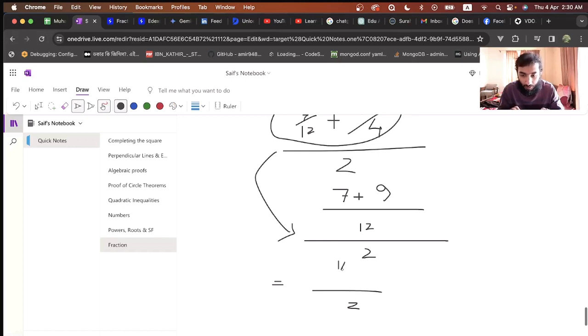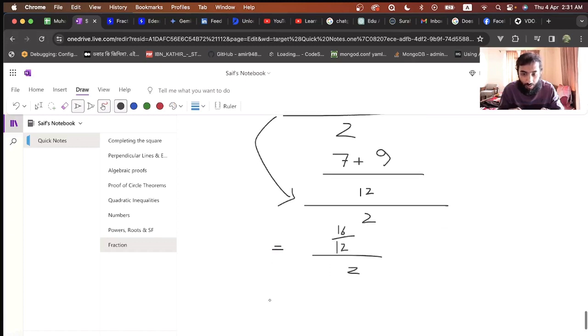So 16 by 12 can also be represented as 16 by 2 multiplied by 12. So 4 3s are 12 and 4 4s are 16 and 2 2s are 4.